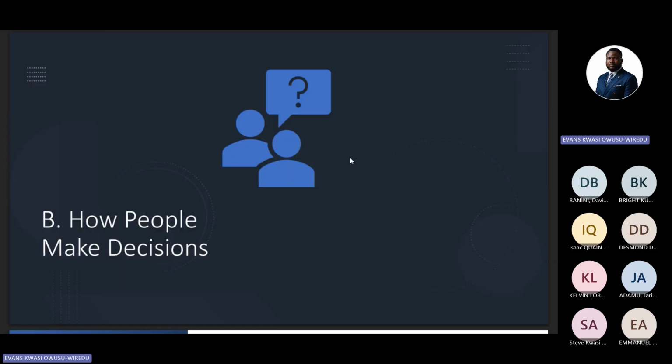We are going to look at how people make decisions, which we have already looked at. So some of these things we are just going to jump.